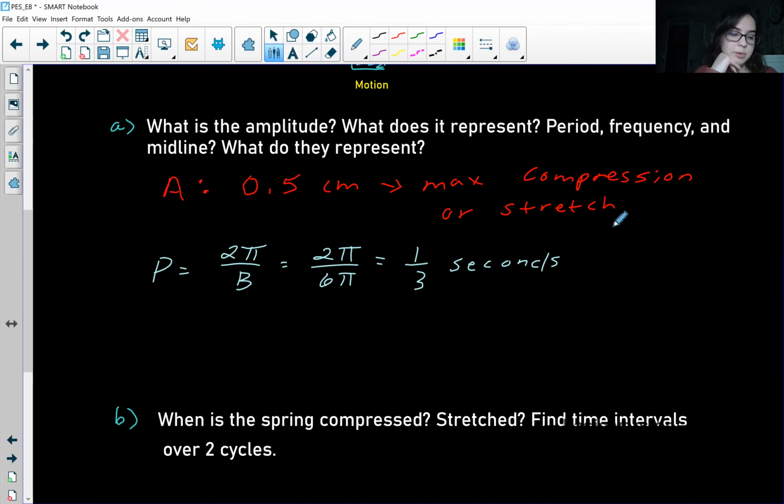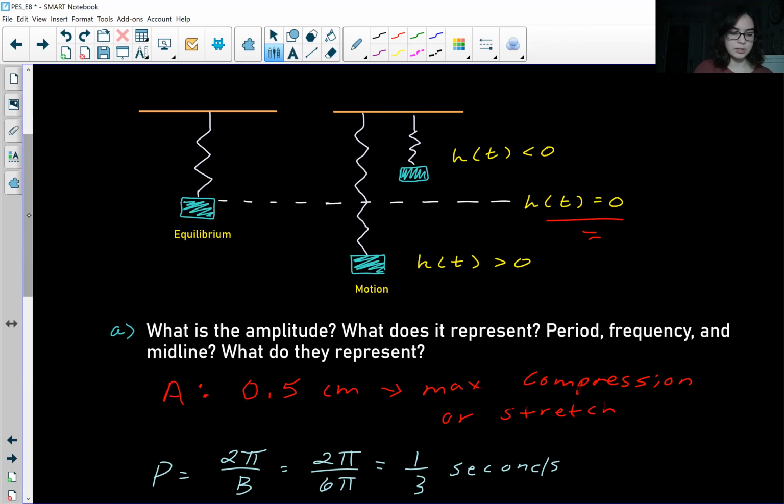And again, what does that represent? We know that period is the time it takes to complete one cycle, but we probably want to be a little more specific. In this situation, it's the time it takes for the mass itself in the spring to complete one full oscillation. So it's going to go down, back through the equilibrium, compress, and then back to equilibrium.